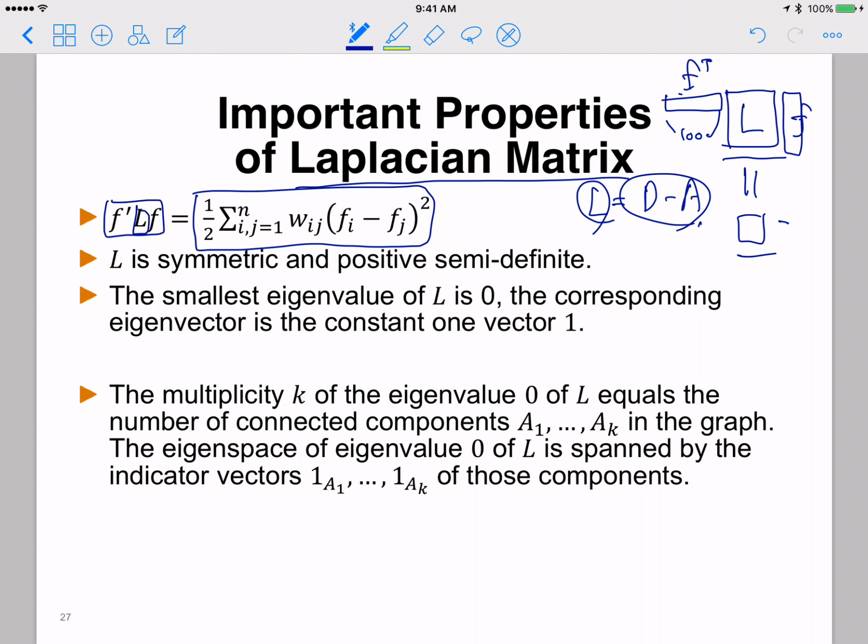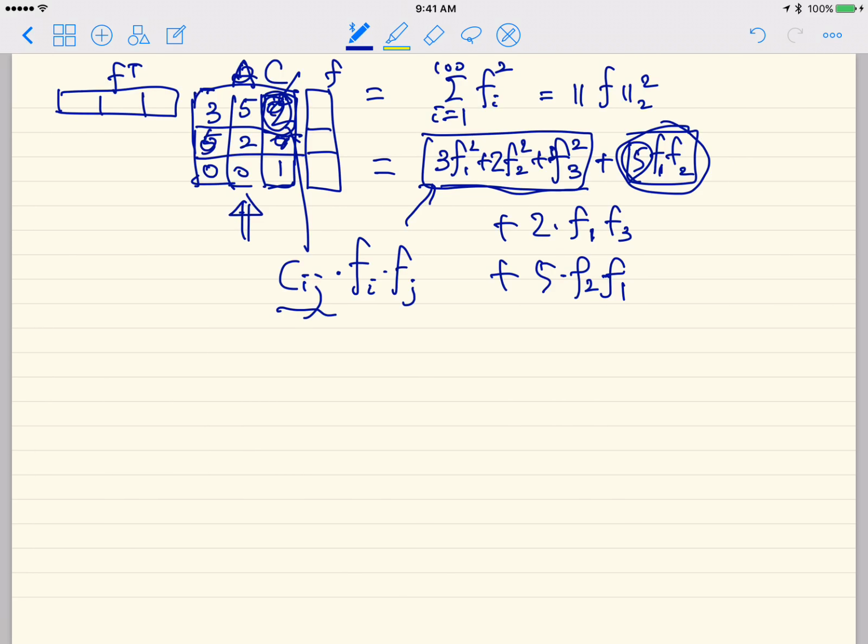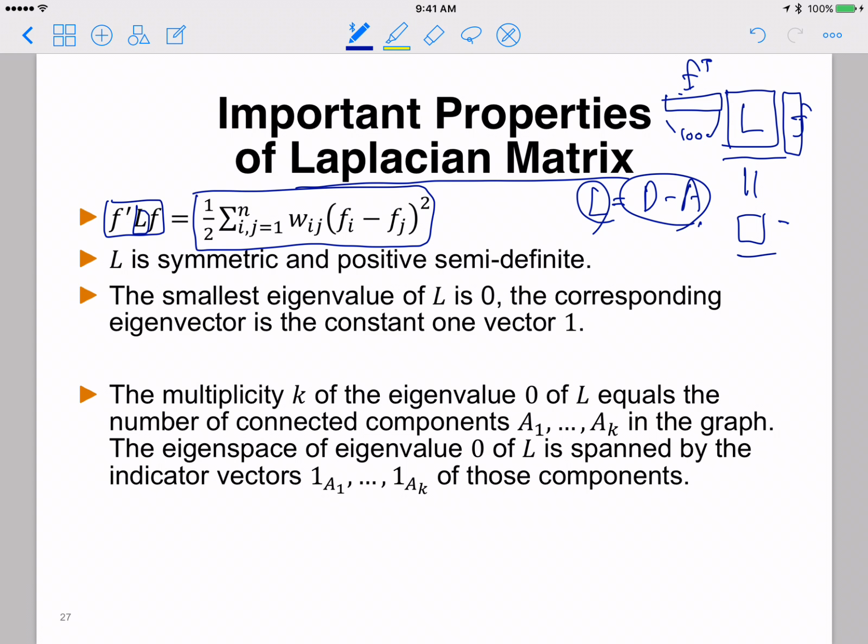And in this case, if we view this kind of representation, instead of using this general matrix C, we are plugging in our special matrix, the Laplacian matrix L. In that case, it will be Lij, which is the i,j component of L, times Fi times Fj.